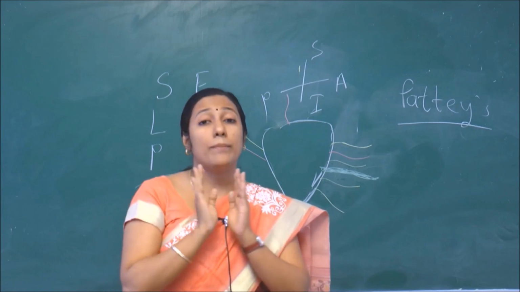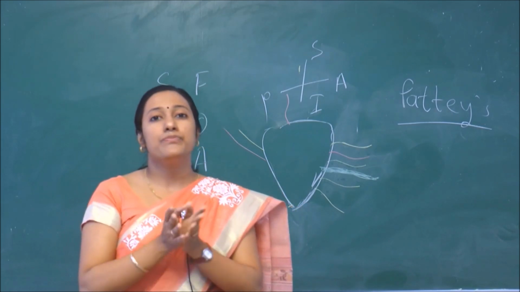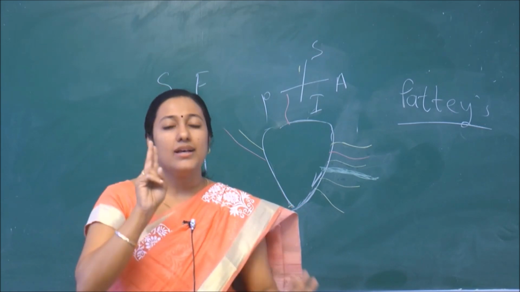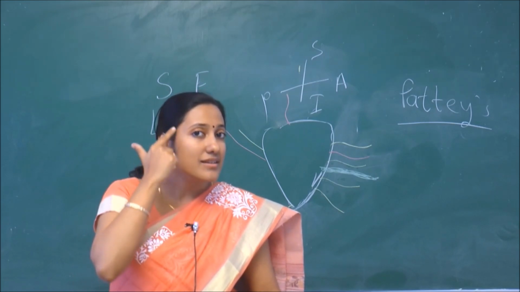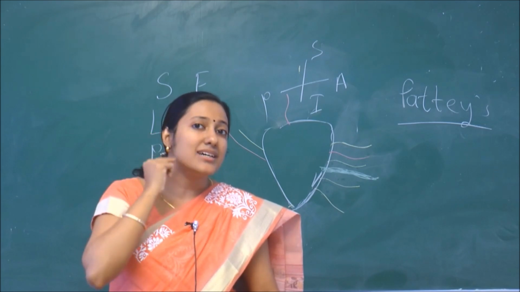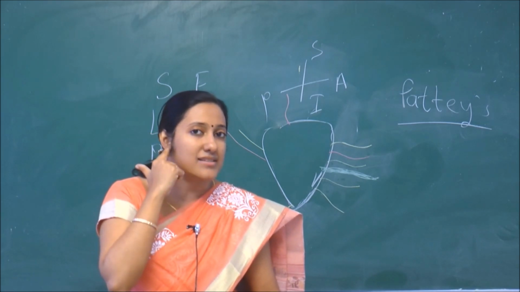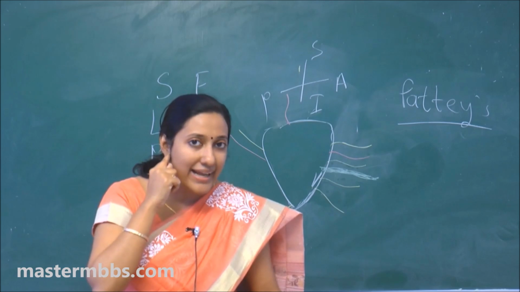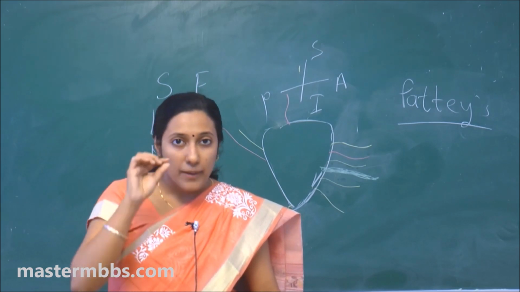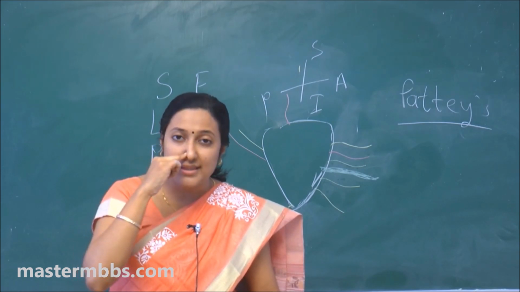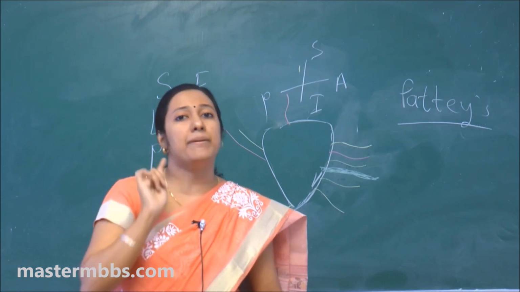If someone asks you about the parotid duct surface marking, you can tell it very easily. Take 2 points. One point near the tragus. This is the external ear, the pinna, and this point is the tragus. The other point is midway between the ala of the nose and the red margin of the upper lip.